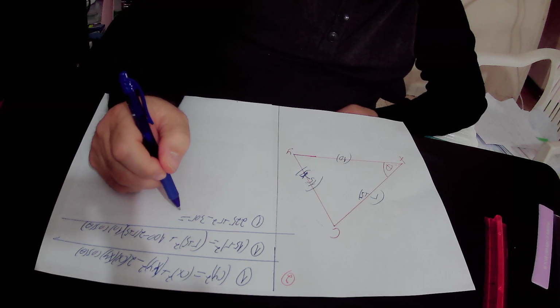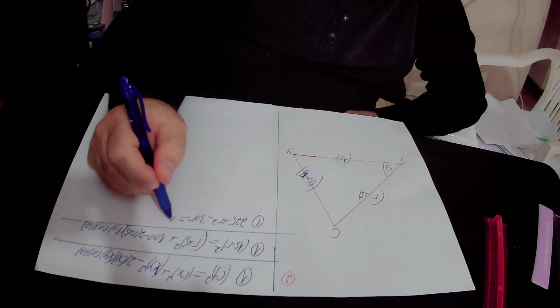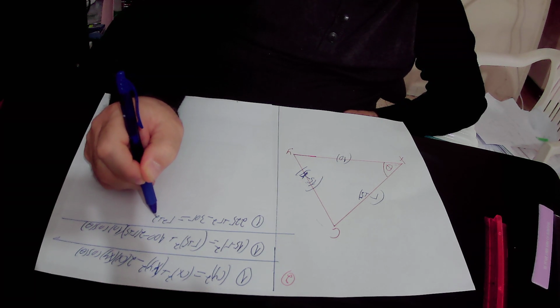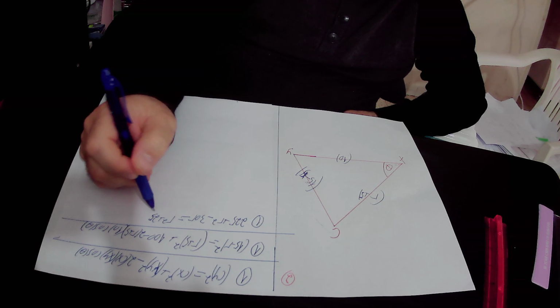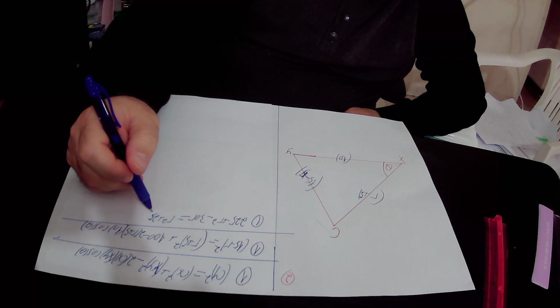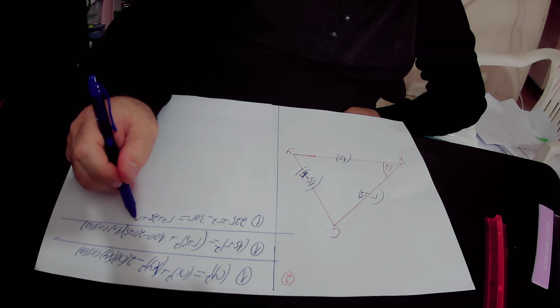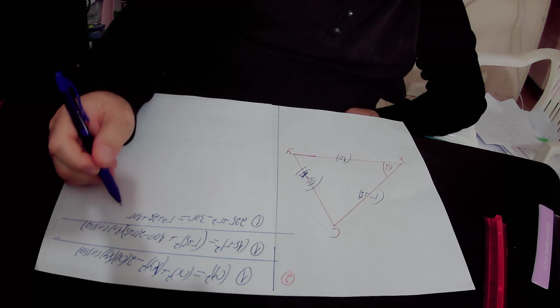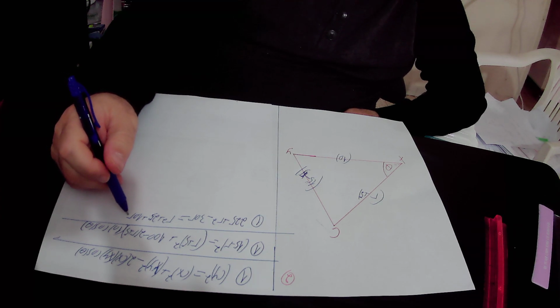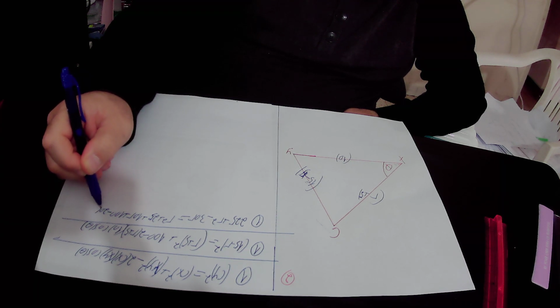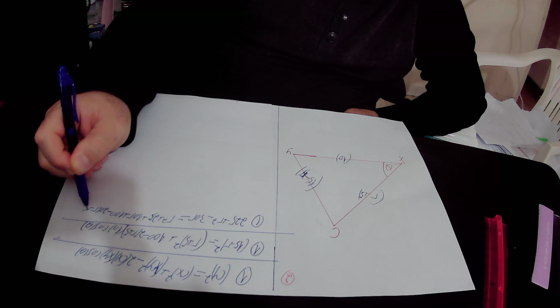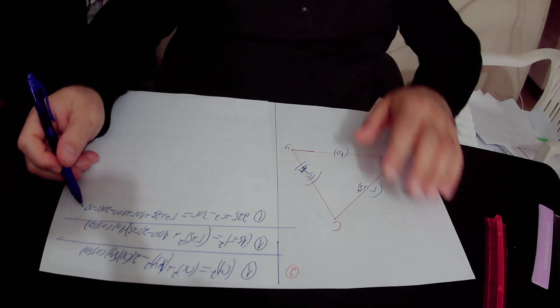And it is equal to r plus 5 squared, which is r squared plus 25 plus 10r, plus 100, minus 20 times r plus 5 times cosine theta.